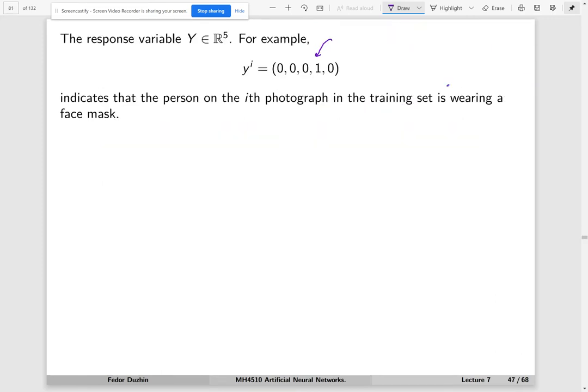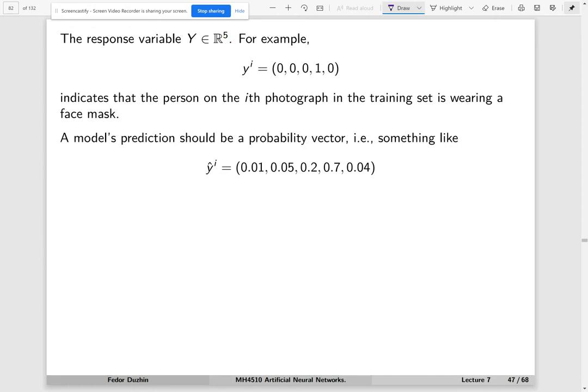So it indicates that the person on the ith photograph is wearing a face mask. Then our model's prediction should be a probability vector, or a probability distribution. So if we have 5 numbers, P1, P2, and so on, P5, then these numbers should be between 0 and 1. And the sum of these 5 numbers should be 1.